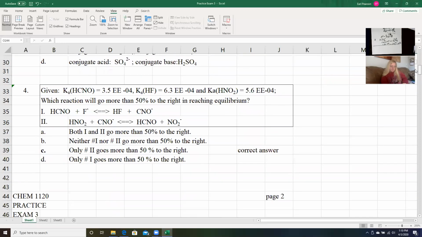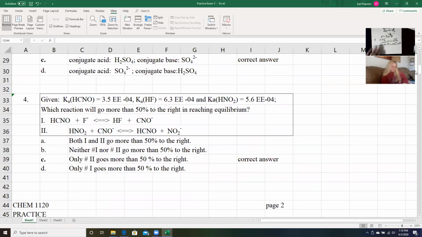Number 4, unless you have something else you want me to do. Okay. Number 4. We're given the Ka of HCNO, and we're given the Ka of HF, and the Ka of HNO2.